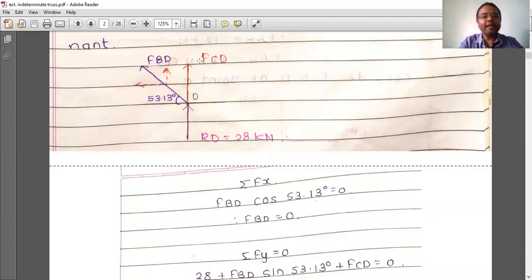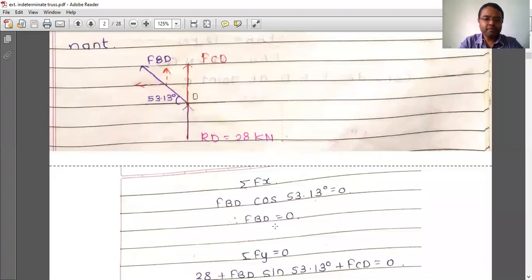So you will get nothing from that equation. That's why here I applied summation Fx equal to 0 first of all. So from this you are getting the value of FBD as 0, force in member BD as 0.